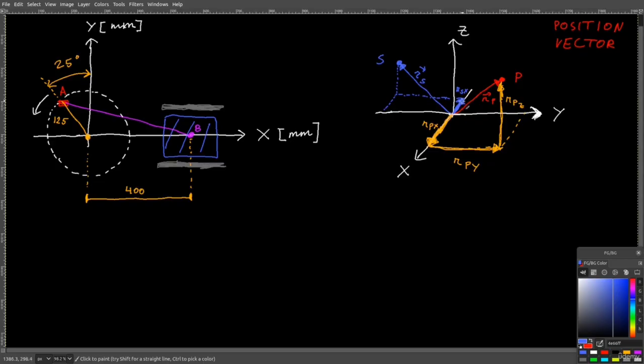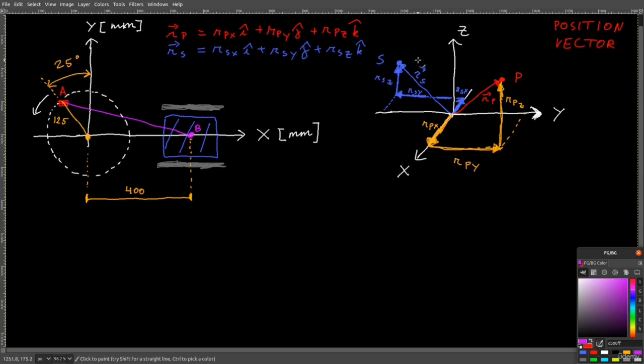RSX, which is this arrow here, RSY, which is this arrow here, and RSZ, which is this vertical arrow here. So we can say that RP vector equals RPX times I plus RPY times J plus RPZ times K. And then RS vector equals RSX times I plus RSY times J plus RSZ times K.